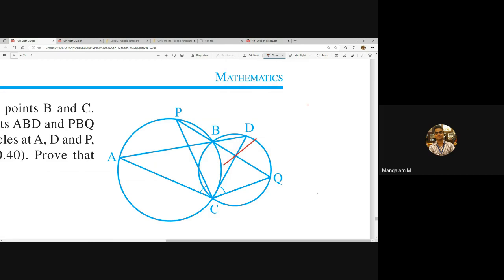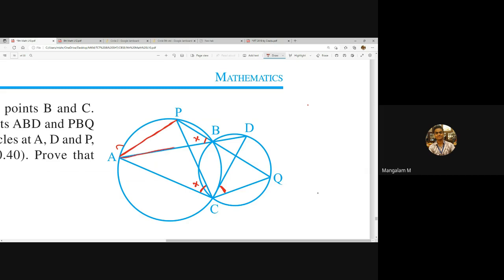Yes, so we have to just prove this angle and this angle equal, right? So we know that if this angle is x, then this angle will also be x. Why? Because these are made on the same line segment AP.